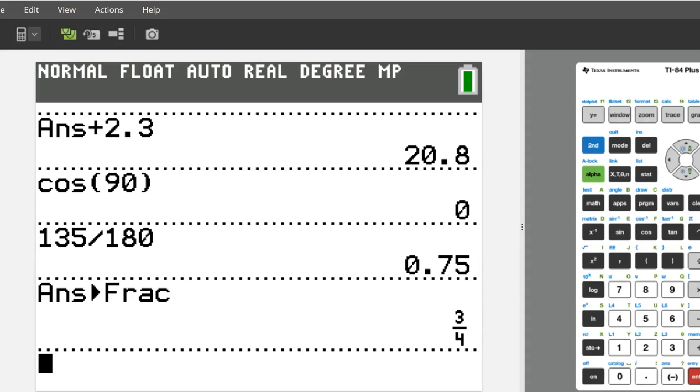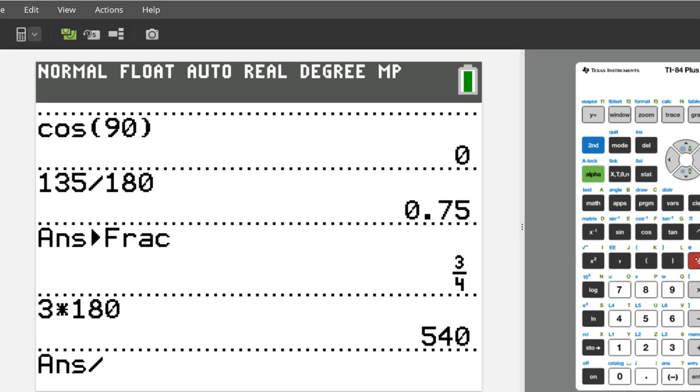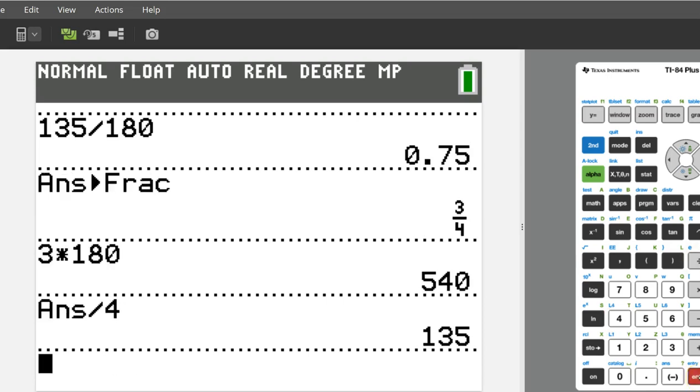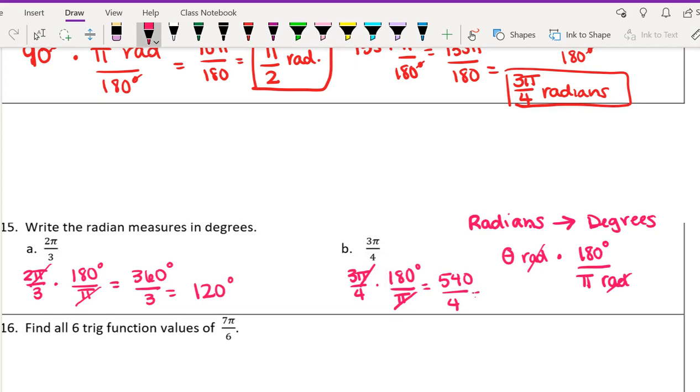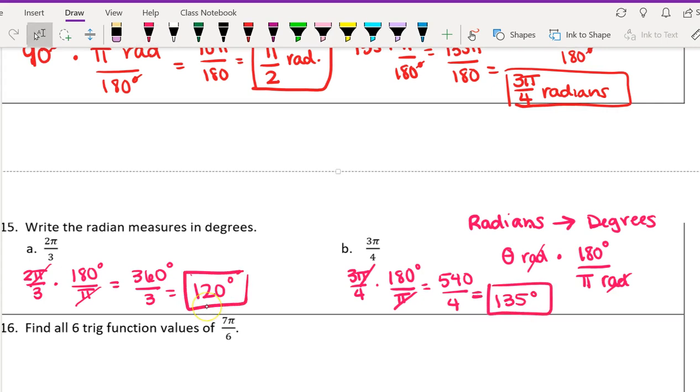Let's double check that. 3 times 180 divided by 4, 135. 135 degrees. Okay, and that was 120 degrees.